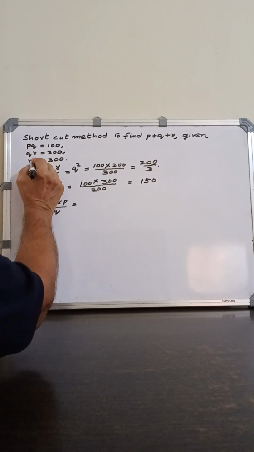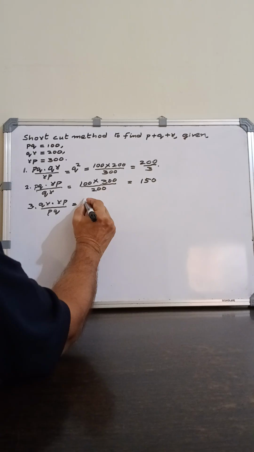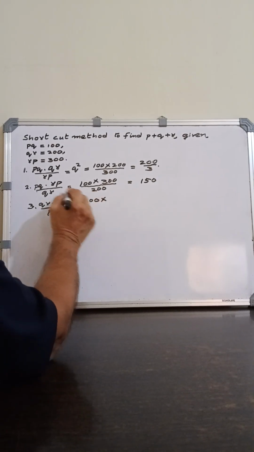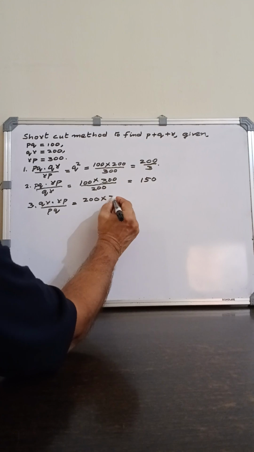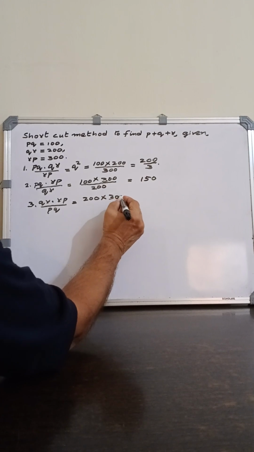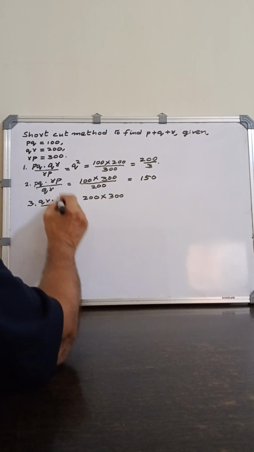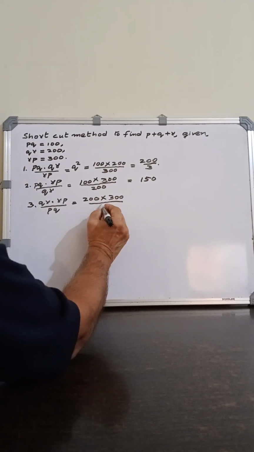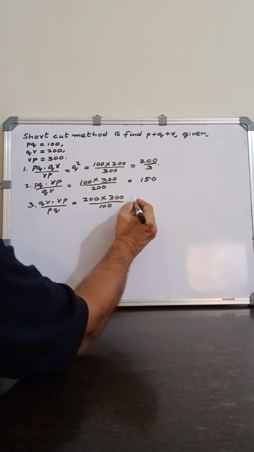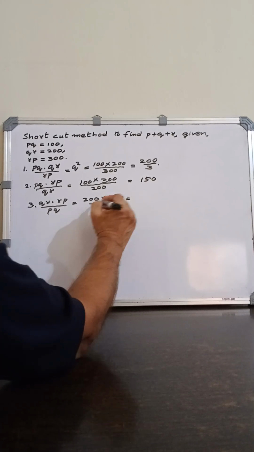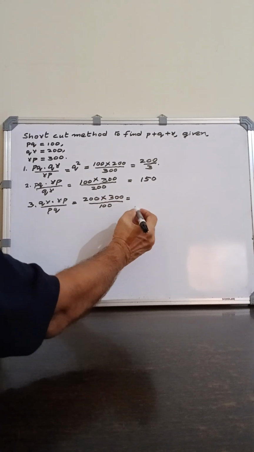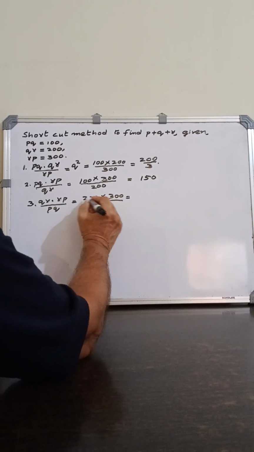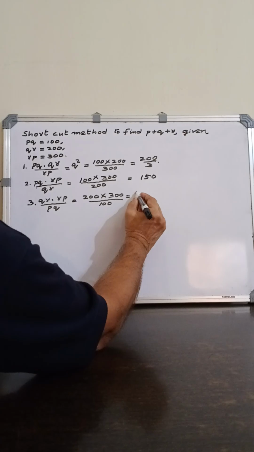What is QR? 200 into RP 300 by PQ 100 equals, we get 600. 0, 0 cut, 2 into 300, 600.